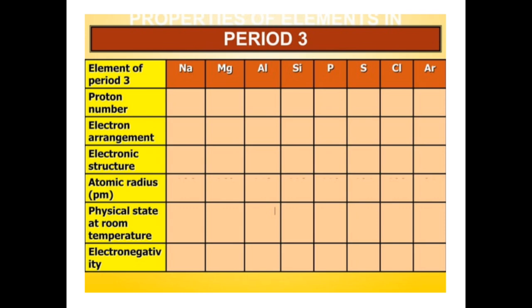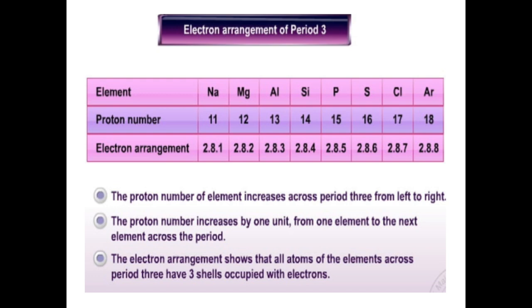Okay, so let's look first and foremost at the electronic arrangement of elements in period 3. You will see that for the proton number, you have sodium 11, magnesium 12, aluminium 13, silicon 14, phosphorus 15, sulfur 16, chlorine 17, argon 18.